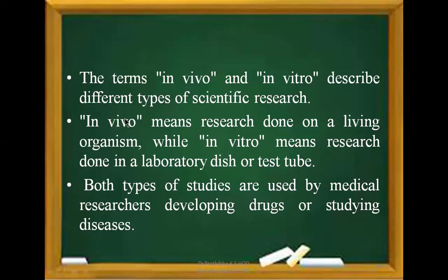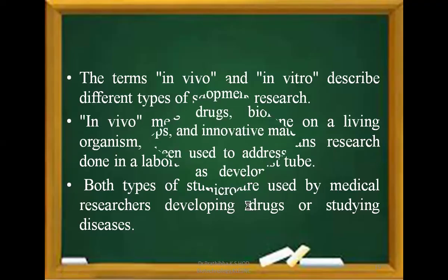We can keep in mind that in vivo is not about the cell, while in vitro means research done in the laboratory dish, or maybe a test tube, or glass vials, or a petri dish. That is in vitro. In vivo means living organism. In vitro means in the laboratory dish, test tube, or glass vials. Both types of studies are used by medical researchers developing drugs or studying different pathological diseases.